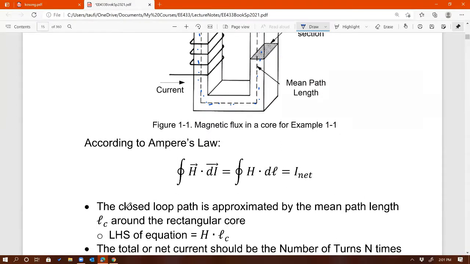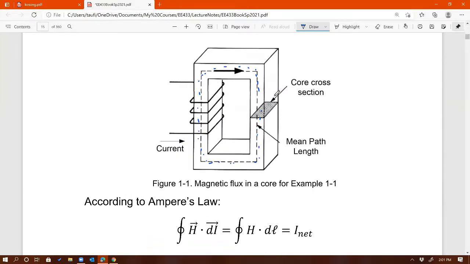Okay, so the closed loop path, in this case, if you look at the geometry of the core, which L do you use? Because there's an infinite number of loops. You can have the outside edge of the core, that establishes one loop. Or you could also use the inner edge of the core to define the loop, and then anything in between.